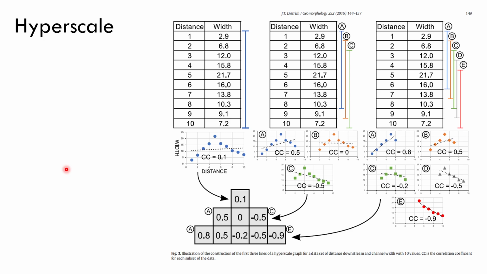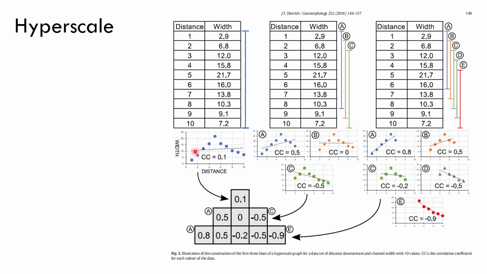And what we can do with this is calculate a regression coefficient for this relationship. So in this case, we're taking measurements every 10 meters downstream, and we measure widths at each point downstream. We can plot all of those and get a regression line for those.